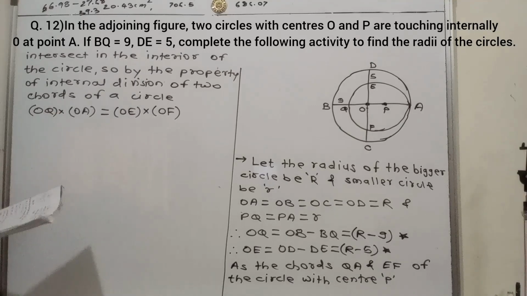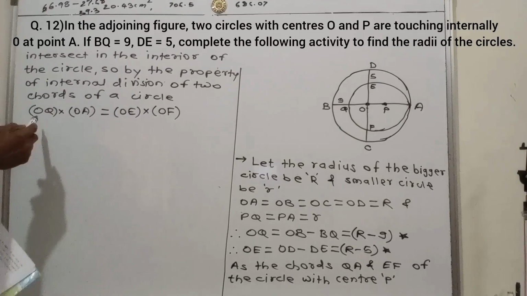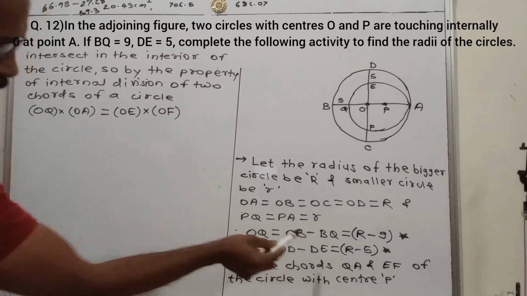This is our property. Now we put values. What is value of OQ?